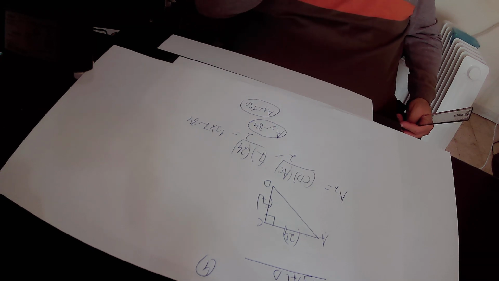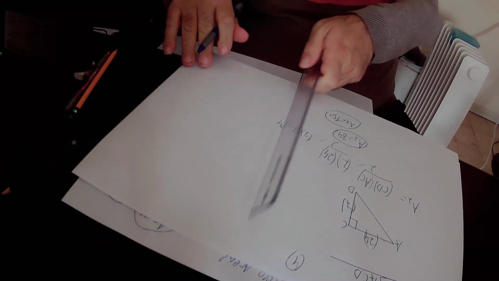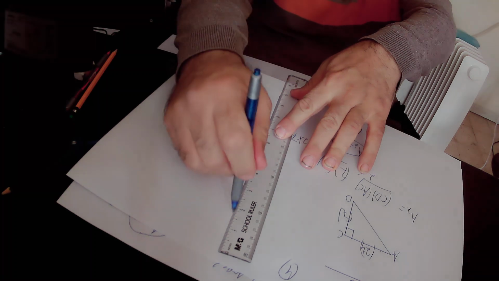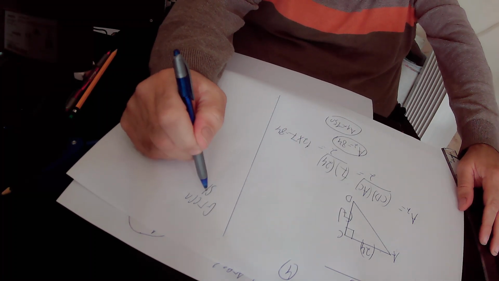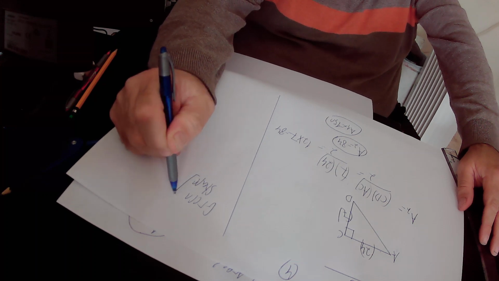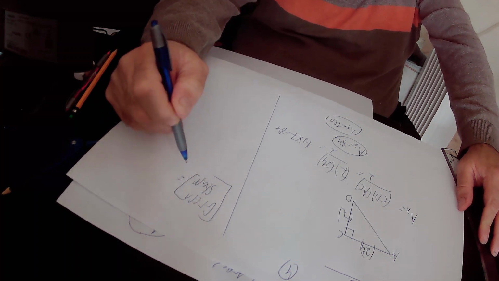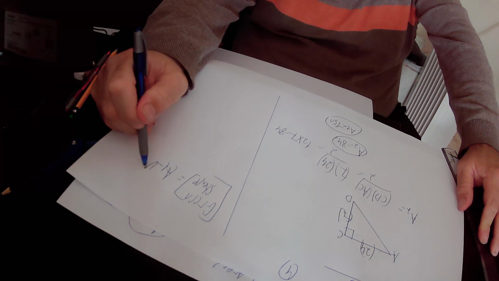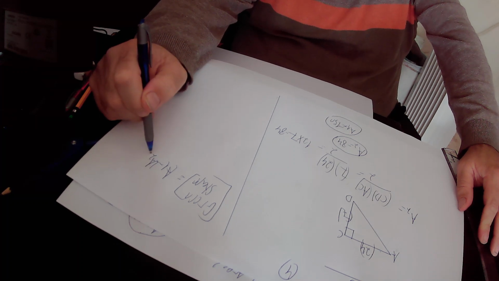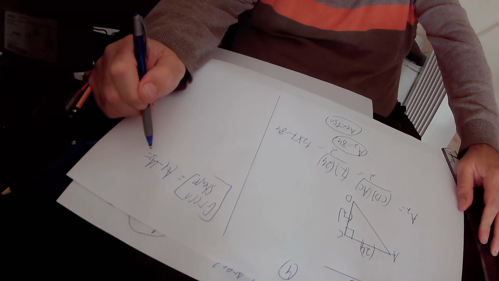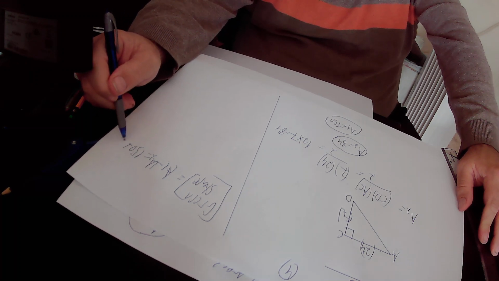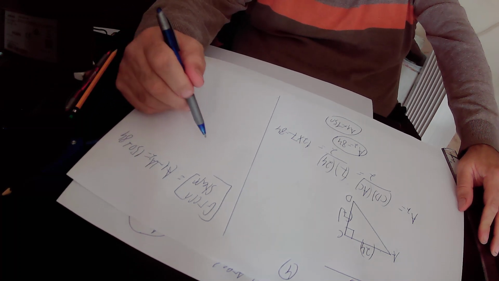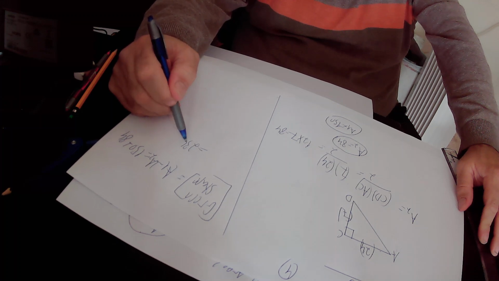Repeat again. The area of the green shape equals A1 plus A2. That is 150 plus 84, which equals 234.